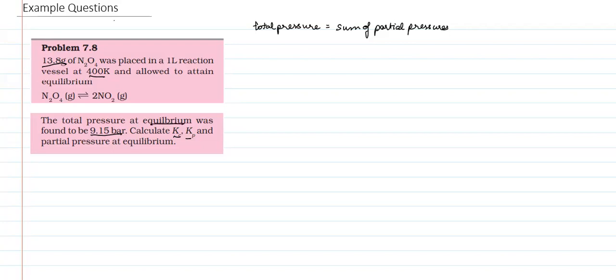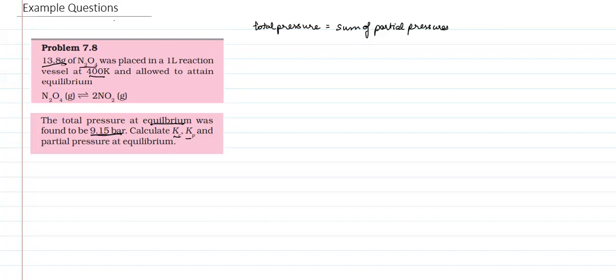I started the problem assuming that this was the initial pressure and started doing the whole X calculation. But because this 9.15 bar is at equilibrium, it is not the initial total pressure. So we have been given something, though.